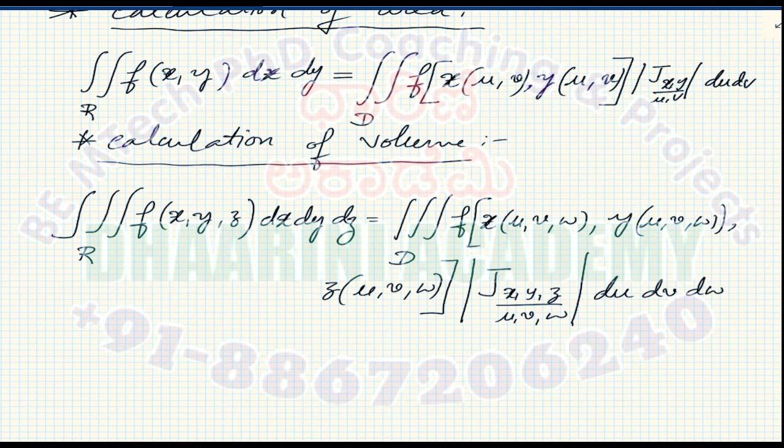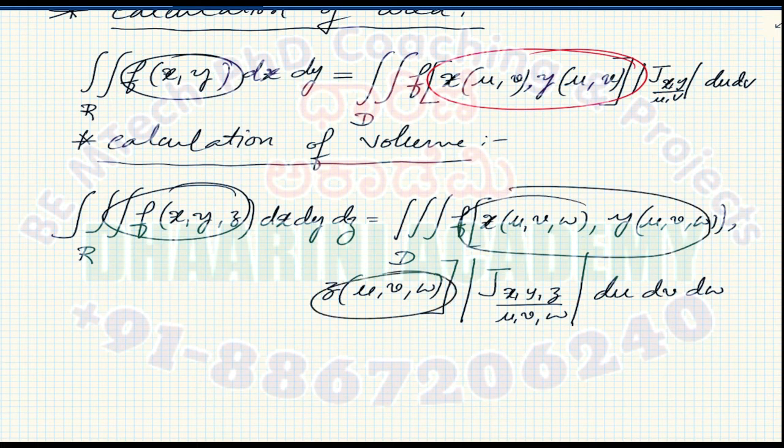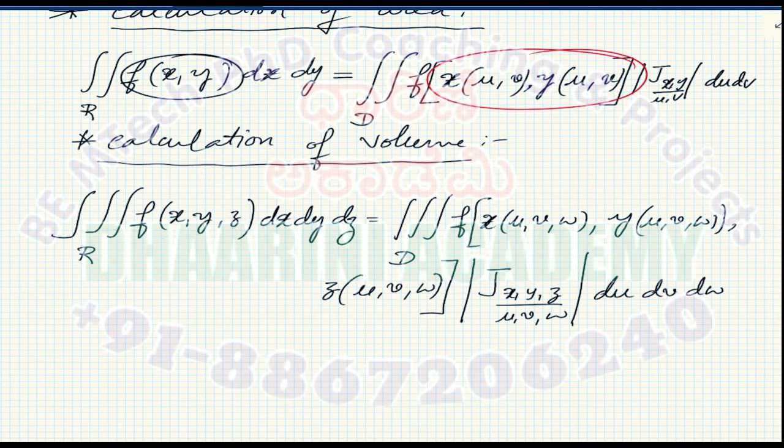So you can see that both equations, for the calculation of either area or volume, use concepts which we have already studied. The first concept is replacing x comma y by u comma v, and u, v, w in the second case. That's why we studied the change of coordinate system.